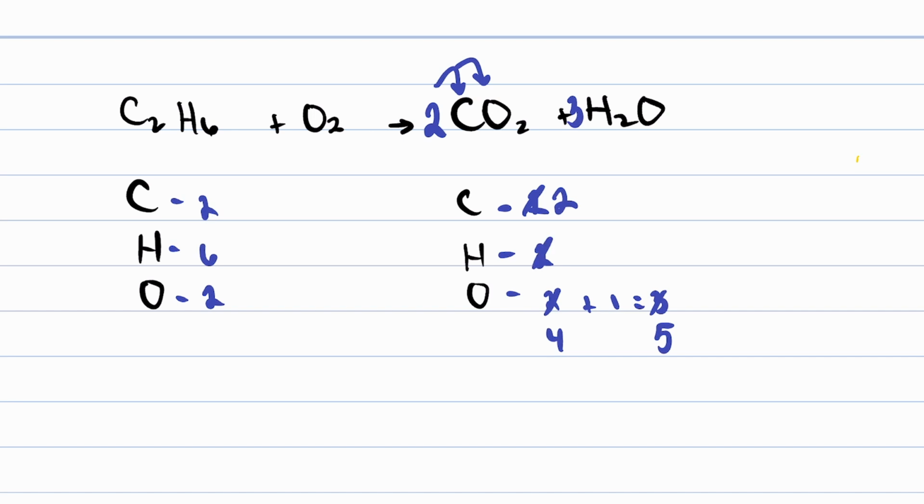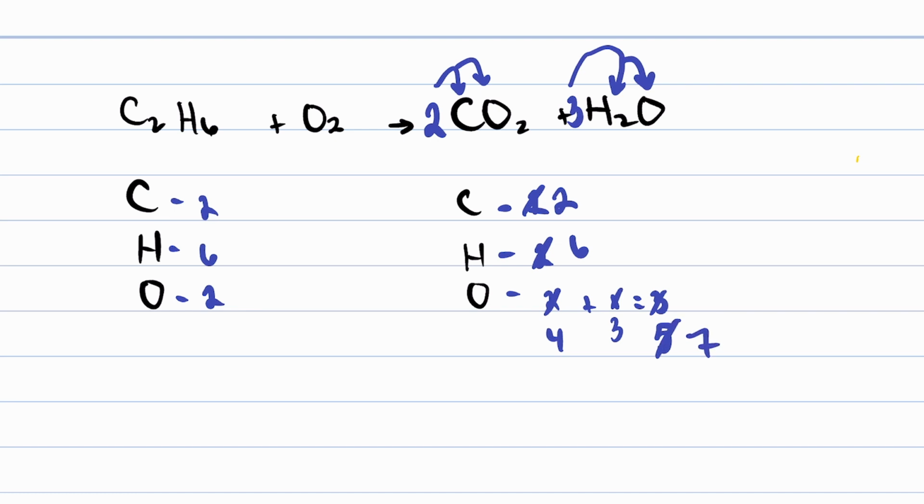But again, because I'm placing a coefficient here, not only am I impacting hydrogen, but also oxygen. So initially on the second atom right here for oxygen, I had 1. So I placed that 3 there. So now this becomes 3, right? Because 3 times 1 equals 3. So now I'm going to go ahead and add this up. 4 plus 3, we have a total of 7.